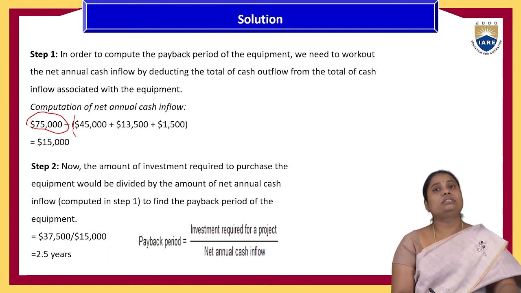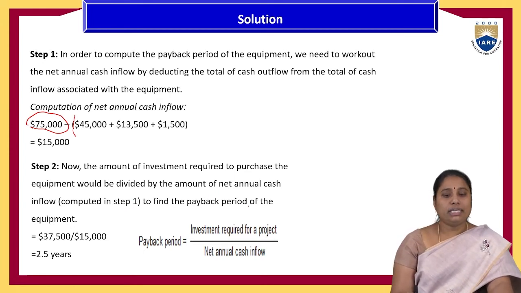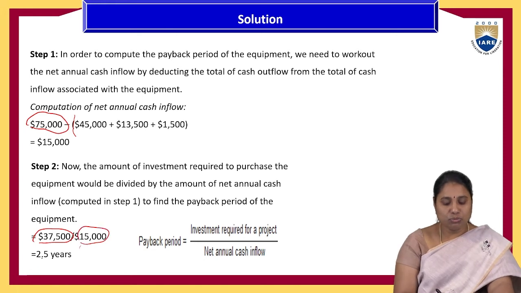Now step 2 is, the amount of investment required to purchase that particular equipment is divided by the net annual cash inflows to find out the payback period of this equipment, because we know that payback period equals the investment required for the project, $37,500, divided by net annual cash inflows of 15,000. It is 2.5 years.